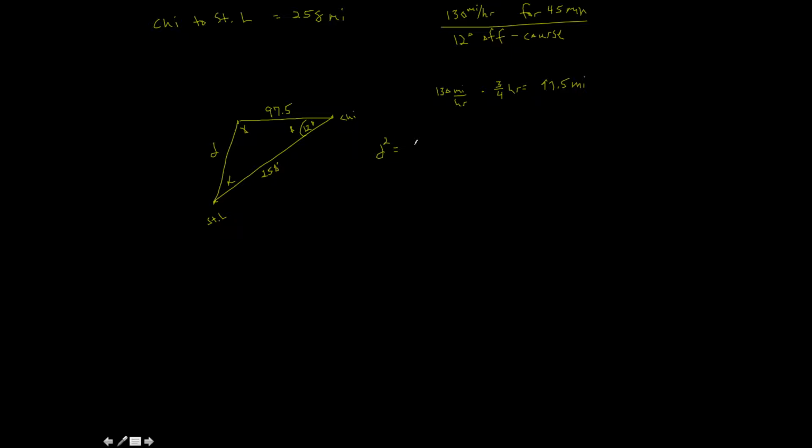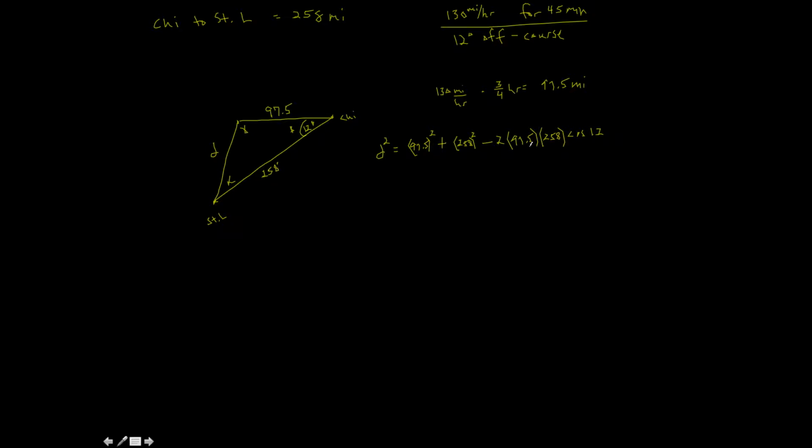And so we have 97.5 squared plus 258 squared minus 2 times 97.5 times 258 cosine of 12 degrees, using our law of cosines.